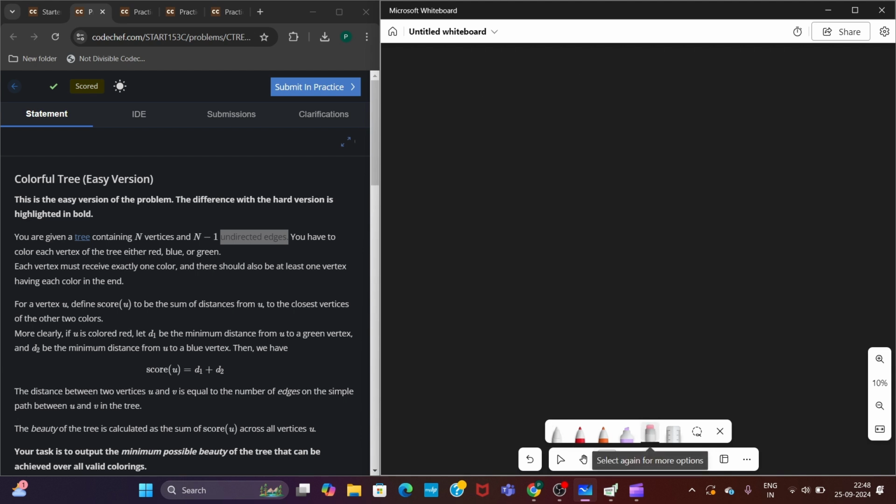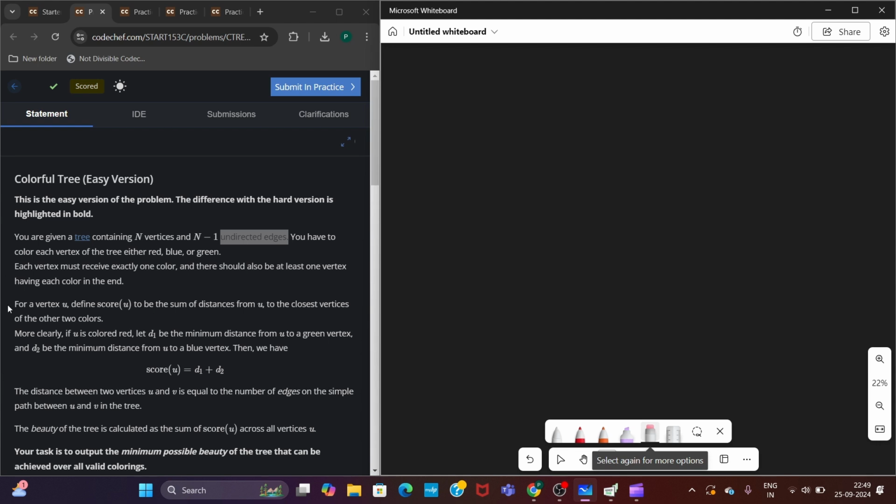Each vertex must receive exactly one color, and there should be at least one vertex of each color in the end. For a vertex u, you define score u to be the sum of the distances from u to the closest vertices of the other two colors.